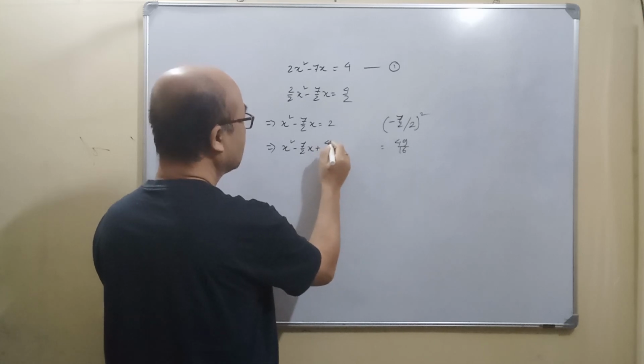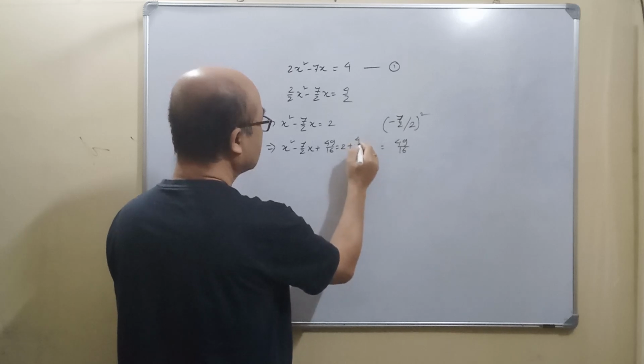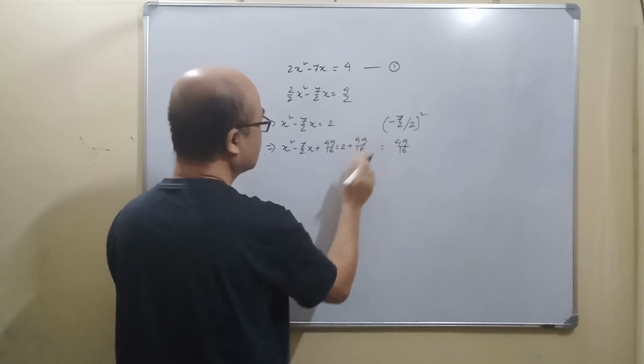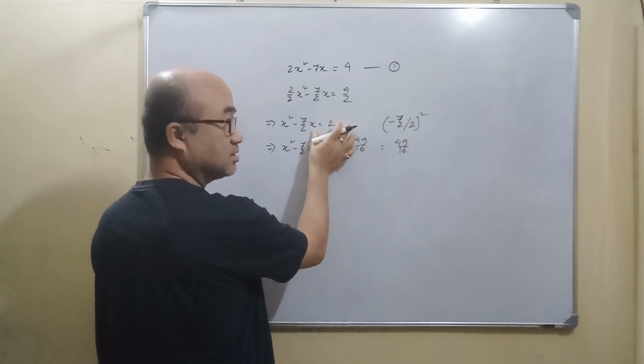7x, 49 by 16 plus 49 by 16. We add 49 by 16 to both sides, so the equation remains the same.